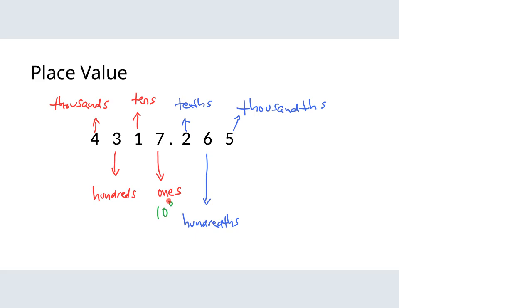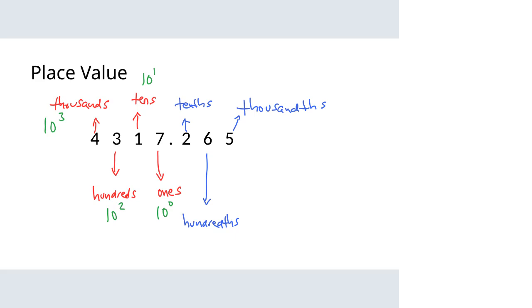The tens place would be 10 raised to the first power, 10 raised to the second power would be our hundreds place, and 10 raised to the third power gives us our thousands place. So we're kind of seeing the base 10 system at work here. We talked about this when we were converting from other bases, but it's a reminder of where these things come from. And it continues on the right-hand side of the decimal.